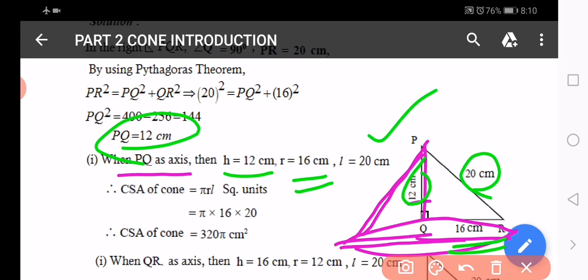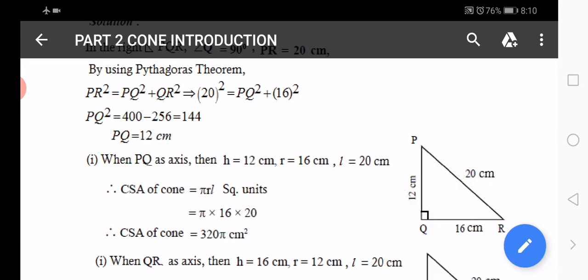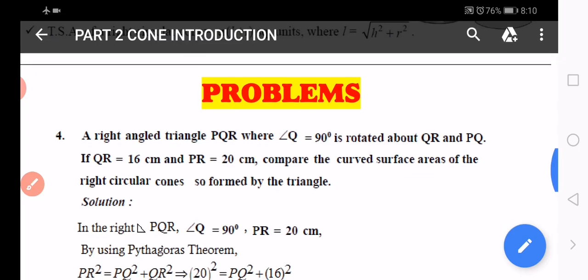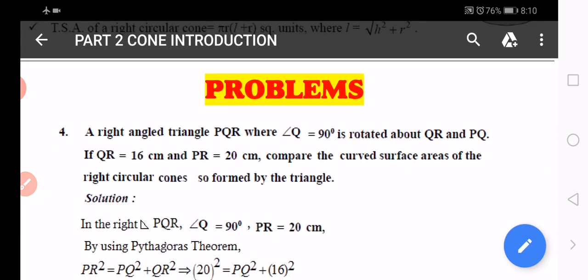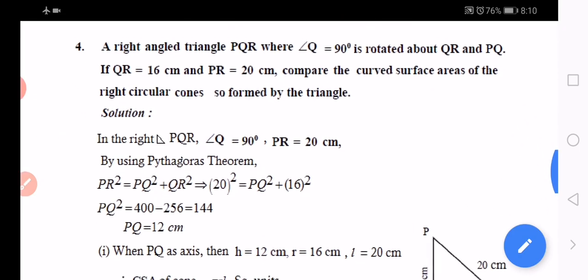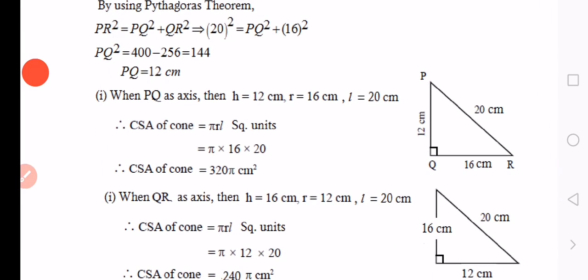So in this first question, if rotated about QR with PQ as axis, which one is height, which one is radius, which one is slant height? Here we want only the radius and slant height.